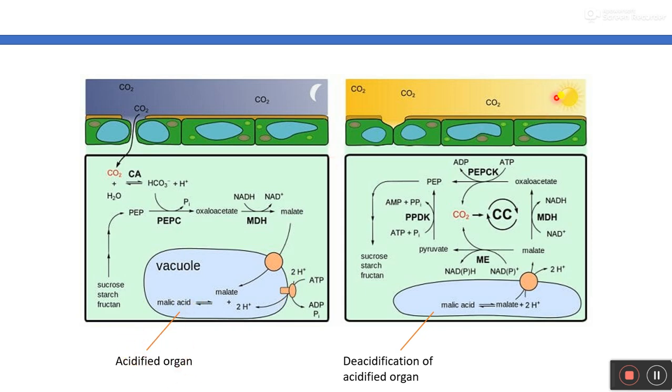Now when day comes, this stored or accumulated malate again diffuses into the chloroplast, where it converts into oxaloacetate in the presence of the enzyme malate dehydrogenase, and this oxaloacetic acid again converts into the 3 carbon compound phosphoenol pyruvate in the presence of the enzyme phosphoenol pyruvate carboxykinase at the expense of 1 molecule of ATP.